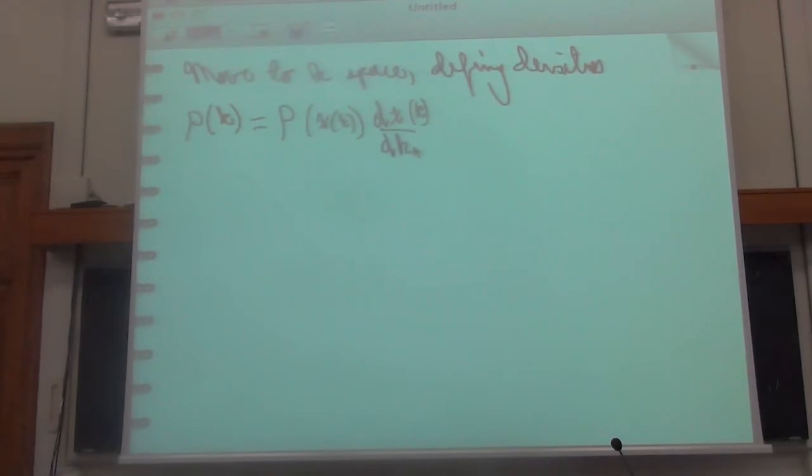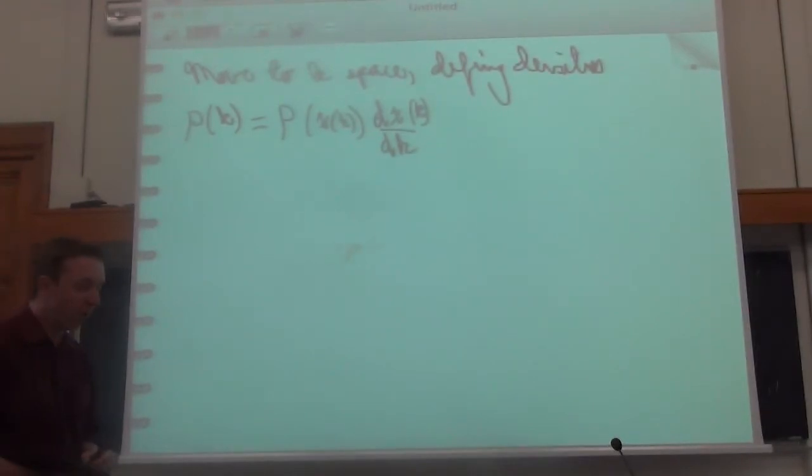So provided we know the k of x function, we know the x of k function, therefore we can do this transformation here. This is also the same transformation rule for rho hole. So this one is just going to be the rho hole of x of k.